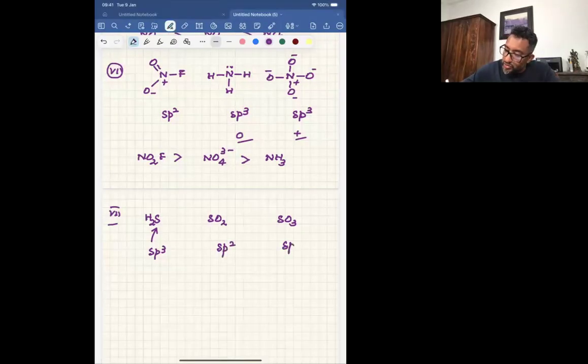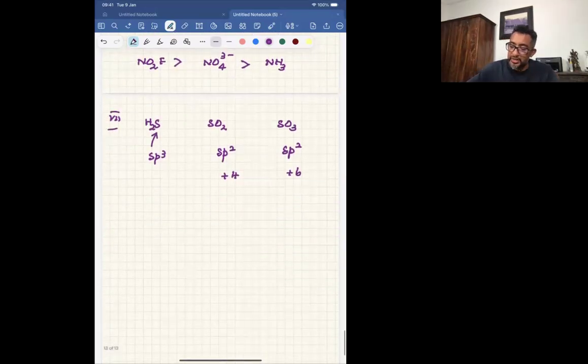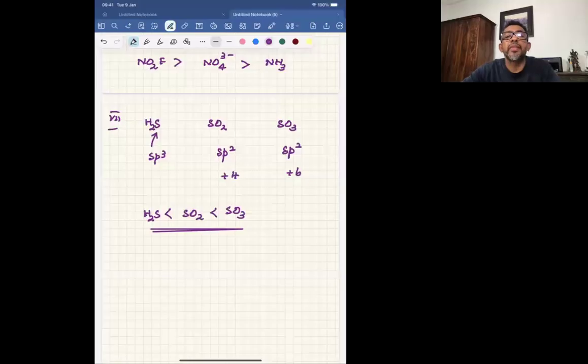SO3 hybridization is also sp2. Then we need to look at the oxidation number. This is plus 4 and this is plus 6. So how do you get that? H2S is the least electronegative, SO2 is the next one, and SO3 is even more electronegative. Did you understand that?